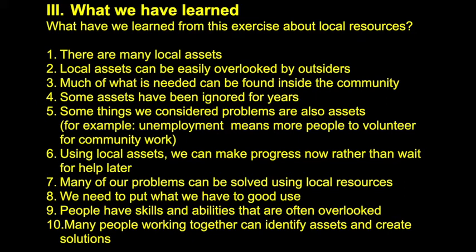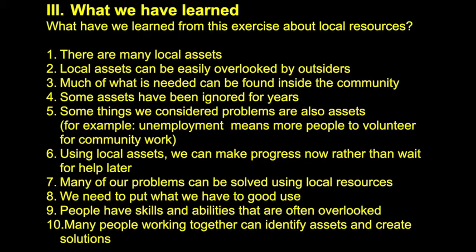And using local assets and resources, we can make progress now rather than wait for help later. Number 7, many of our problems can be solved using local resources. And we need to put what we have to good use, and people have skills and abilities that are often overlooked.